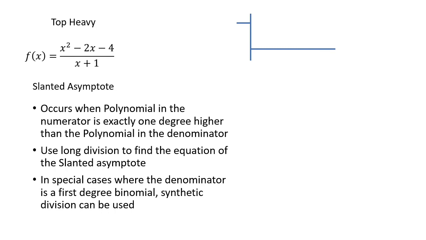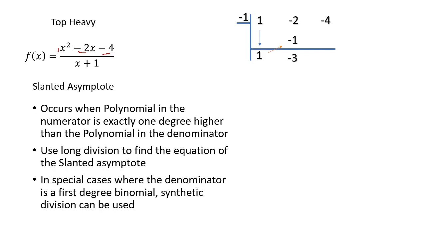So here we're going to set up our synthetic division. We have a 1 here, -2, and -4. We are dividing by x plus 1, which means we're going to put a -1 on our little tabletop there. So we bring the 1 down, multiply it by -1 to get -1.